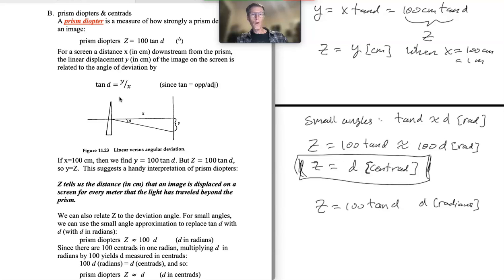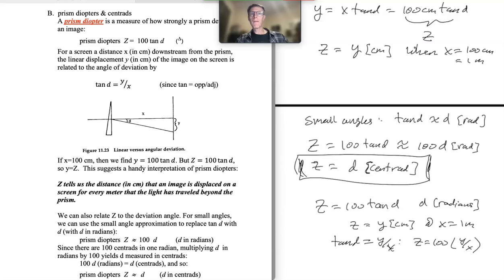We can also relate the prism power to the deflection on a screen measured in centimeters, at x equals 1 meter. So that's a way to interpret what prism power means, or relate it to a physical measurement. And in fact, since tangent of d is equal to y over x, we can also write the prism power as 100 times y over x.